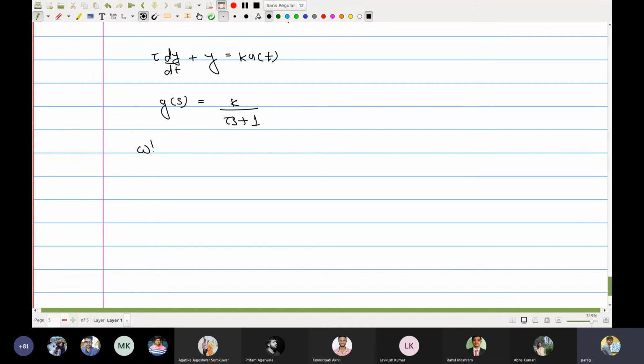So now when tau tends to 0, G of s is simply equal to k, which means that you have only gain in your system, and no time constant.